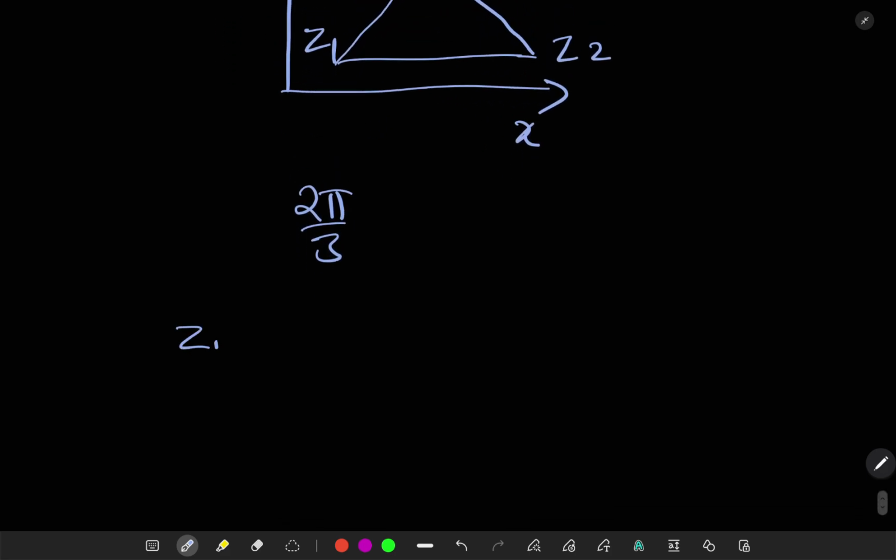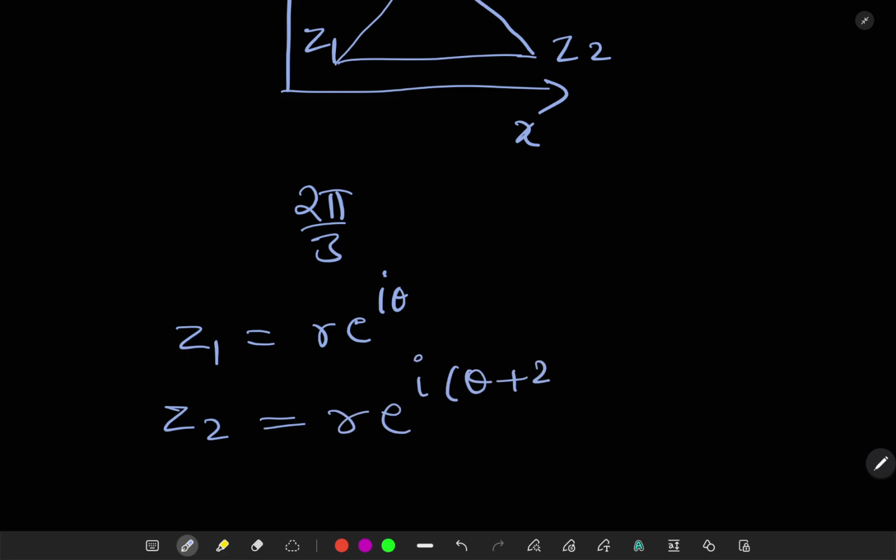So for the value of z1 we can write r into e raised to power iota theta. If every vertex is rotated by 2 pi by 3 with respect to the previous one, then z2 becomes r into e raised to power iota theta plus 2 pi by 3.